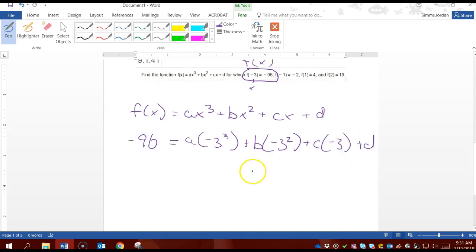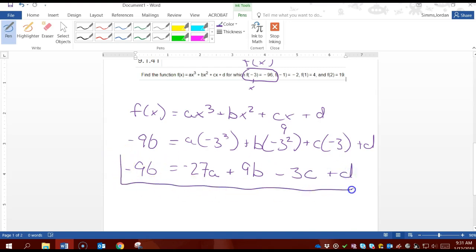Negative 3 cubed is going to be negative 27, so we'll write that as negative 27a. By convention we put the coefficient first. Over here that's going to be 9, two negatives, so plus 9b minus 3c, because that's a negative, plus d. So there's our first equation right there.